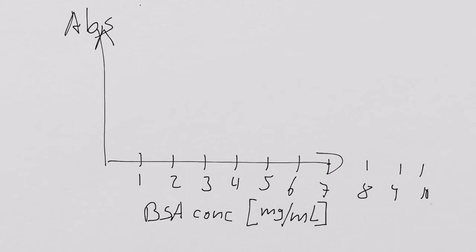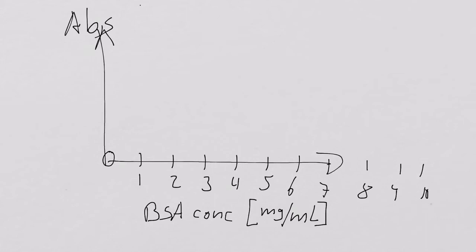What is the unit for absorbance? No unit, so don't put in any unit, right? Now, should your standard curve go through the origin? Why? You're right, yes, but why?